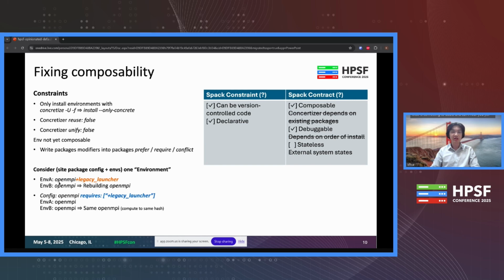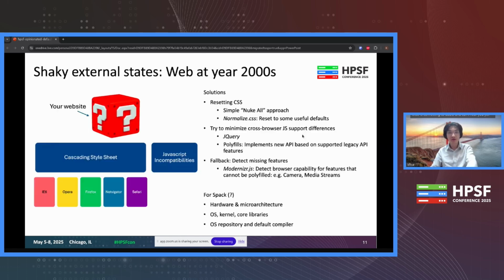Maybe you have done testing on the MPI of environment A, but not the second, and the second may not work. So what we do is write in the config file requires plus legacy launcher. Then the two pieces of MPI concretize to the same hash. This same hash is the key to reuse, so we are able to recover both of them here.